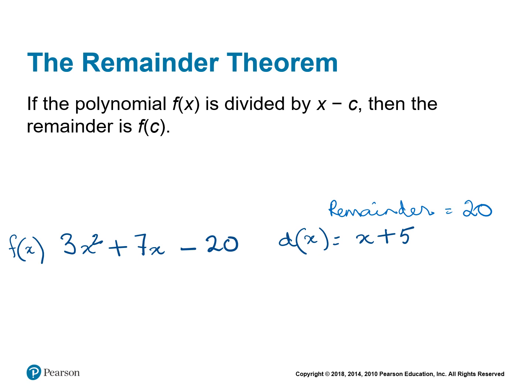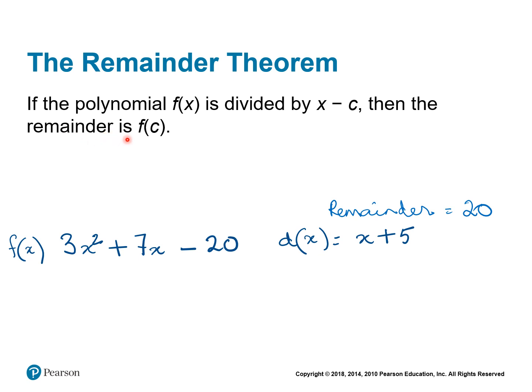So let me first read through the remainder theorem as stated in this slide. All right. It says if the polynomial f of x, so the f of x is the dividend polynomial. All right. So if the polynomial f of x is divided by x minus c, which represents our divisor, then the remainder is f of c.